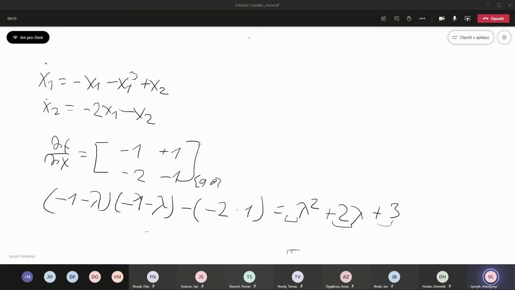Only say it's stable, because sometimes you don't have MATLAB and can't evaluate the eigenvalues fast, and it's okay if you only say that this polynomial is stable. Do you have any question here?